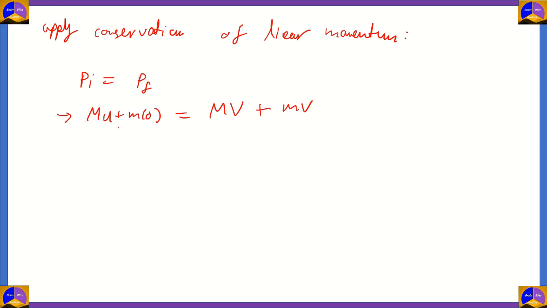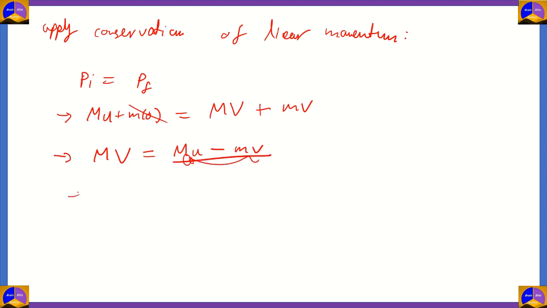This term here is basically non-existent because anything times 0 is 0. So you have uppercase M times lowercase u equals uppercase M times uppercase V plus lowercase m times lowercase v. What we're going to do here is to get a relation for uppercase V. So uppercase M times uppercase V equals uppercase M times lowercase u minus lowercase m times lowercase v.